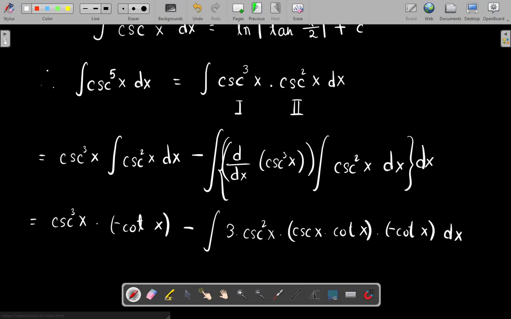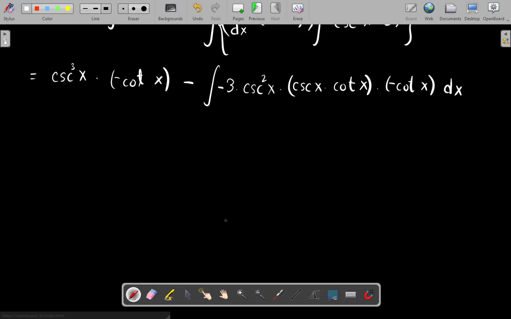I hope the signs are correct so far. Actually, d/dx of cosec x is minus cosec x cot x, so there is an extra minus here. Since I've given the bracket here, I'm taking this minus here.